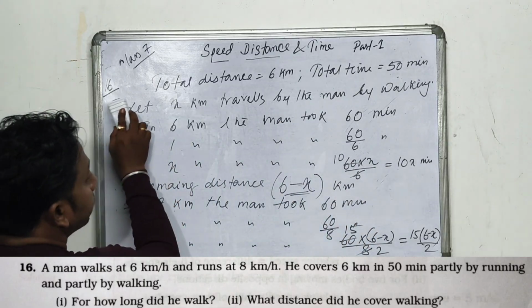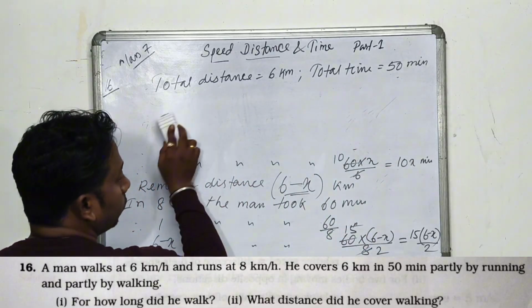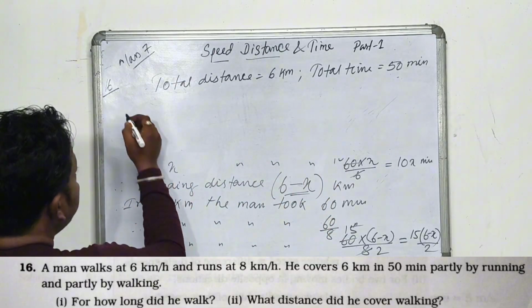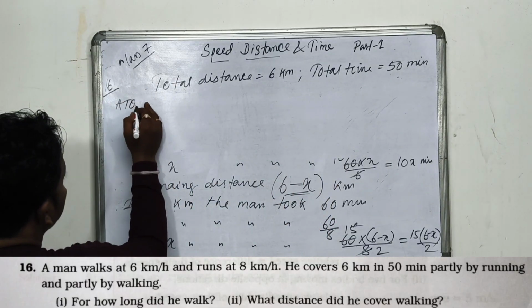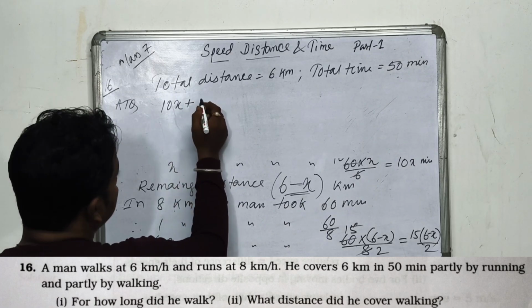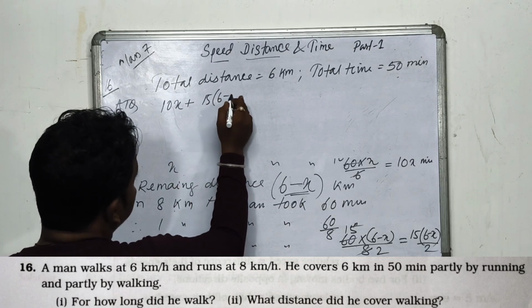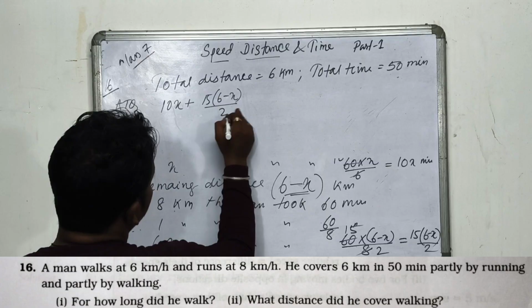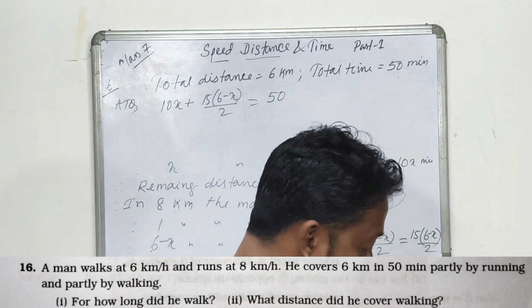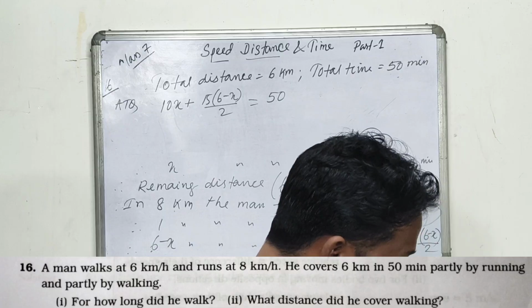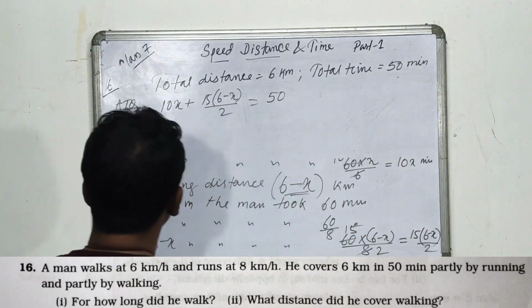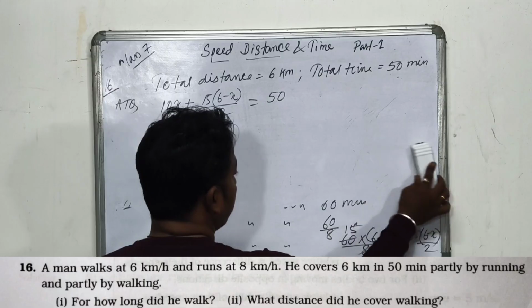Therefore, according to the question, 10x plus 15 into 6 minus x by 2 equals 50.